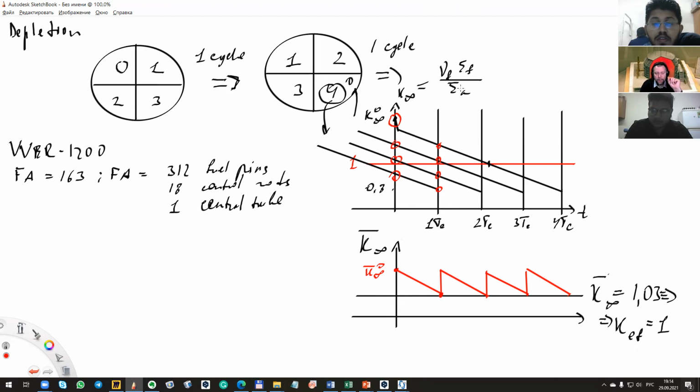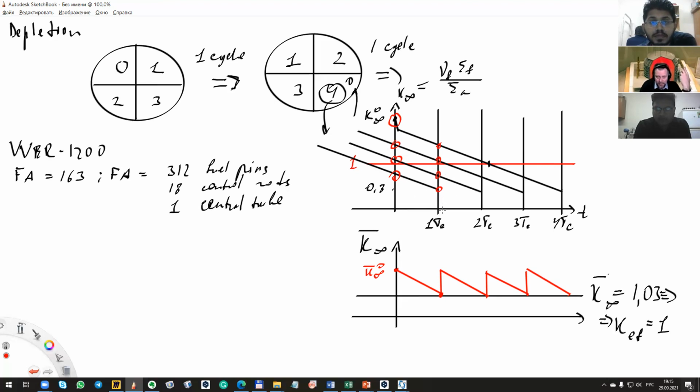You have enriched fuel, you have fresh fuel, right? So you have a K-infinity 0, this one that you already got. The question is, what is the burn-up? What is the duration of the cycle length? For your case, there are 4 cycles for both of you. And how do you get the duration of the cycle?